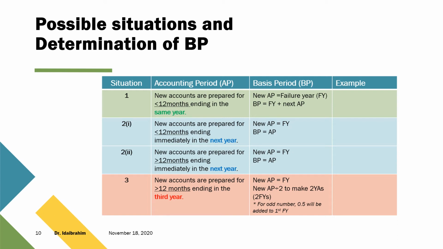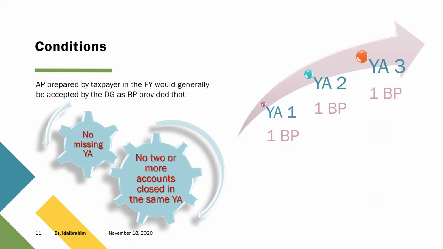Okay, I have made a summary for you all in this table, same as the commencement. You can see when close in the same year, close in next year, and close in the third year. Example, you may see in the textbook. Okay, you must remember these 2 conditions.